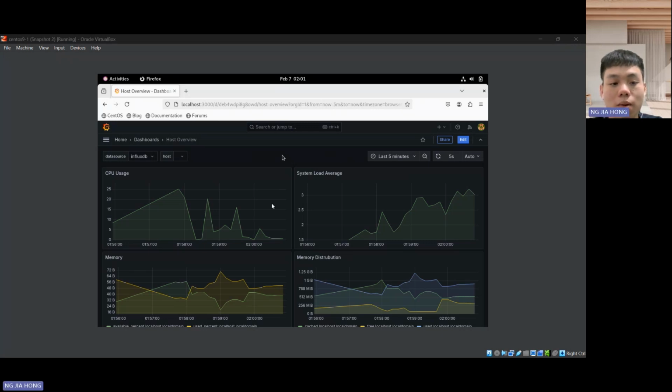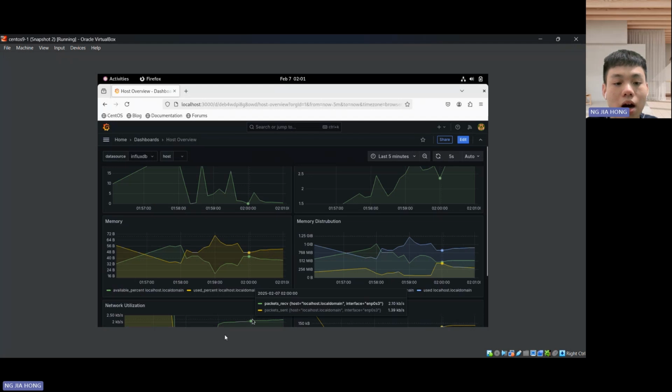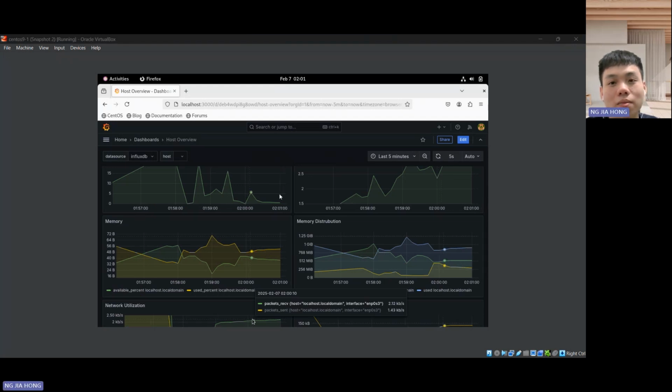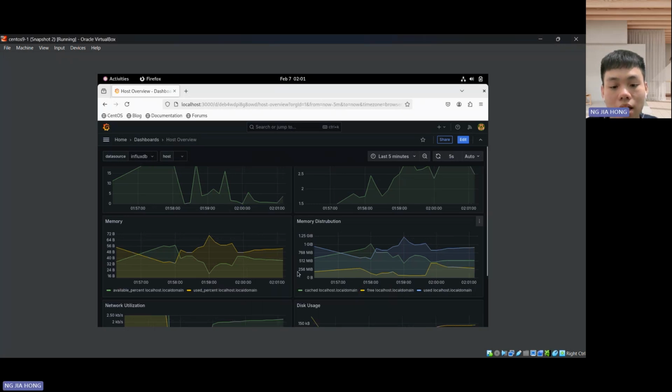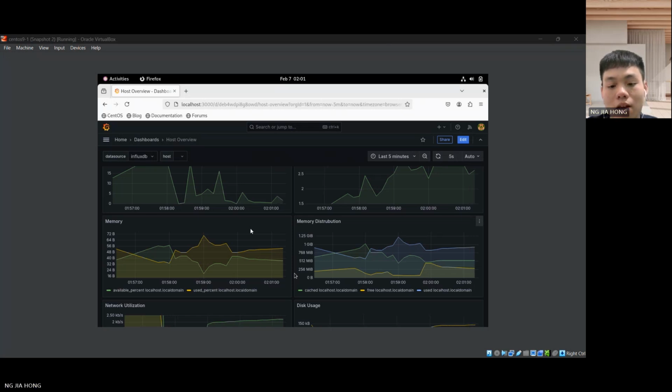The third one would be the memory usage, where it tracks the percentage of memory used versus available to show that the system has enough memory for the applications. And the fourth one would be the memory distribution, where it breaks down the memory into used, free, and cache to show how the system allocates its resources.